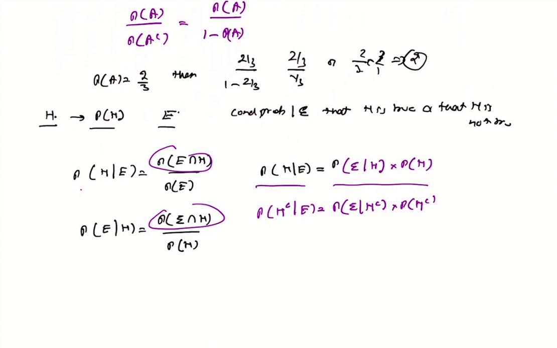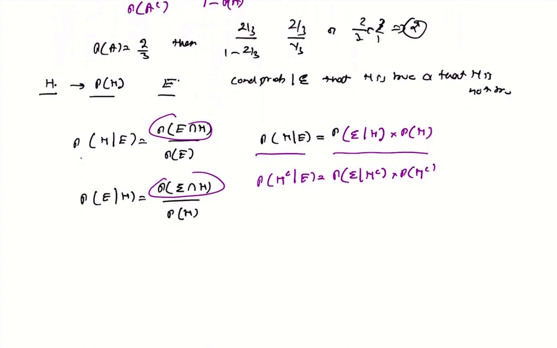So the new value of odds of H is the old value of odds of H multiplied by the conditional probability of the evidence given H is true divided by the conditional probability of evidence given H is not true.